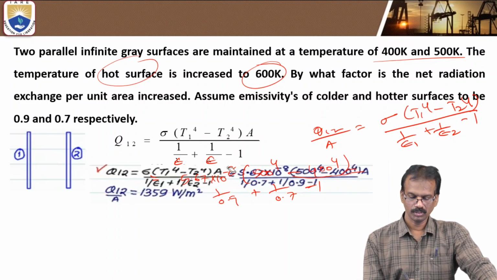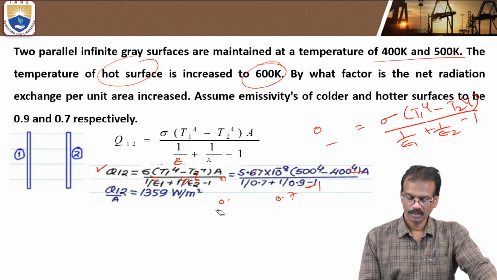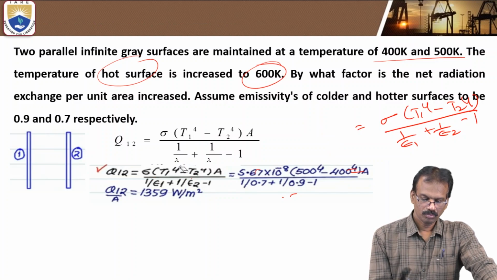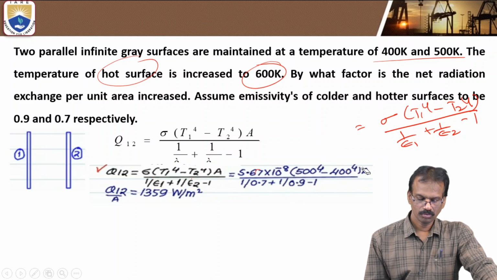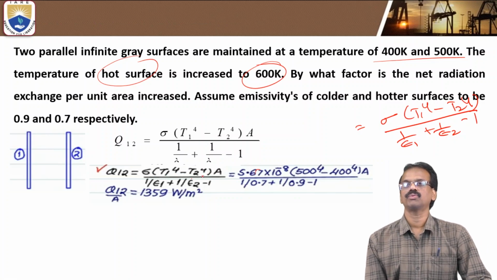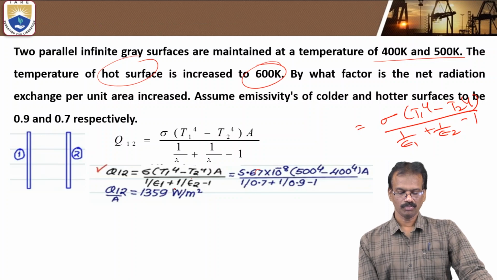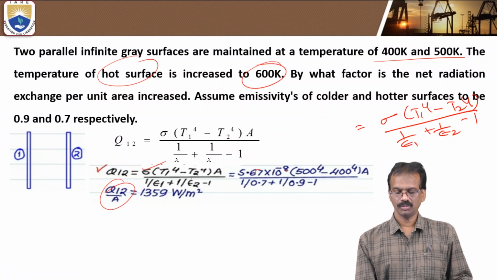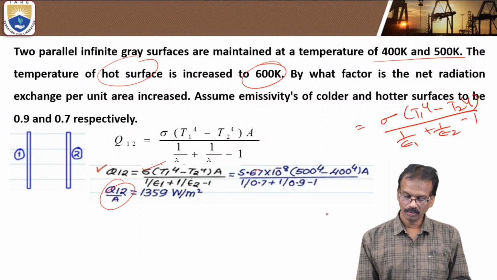So here we'll see the same steps given. Q12 is equal to sigma (T1 to the power of 4 minus T2 to the power of 4) into area by (1 by epsilon 1 plus 1 by epsilon 2 minus 1). Then you can write Q12 by A. Sigma is equal to 5.67 into 10 to the power minus 8, temperature 500 to the power of 4 minus 400 to the power of 4, into area.